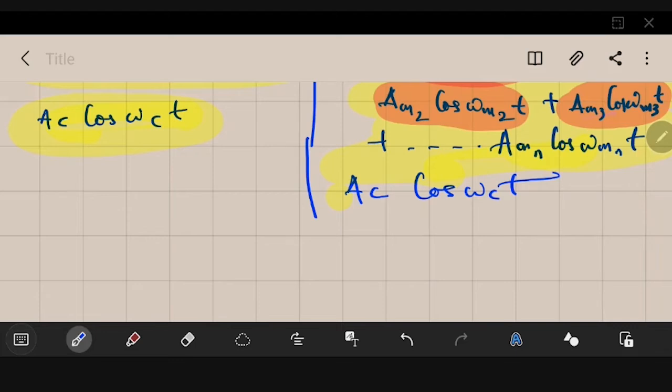Let me write the definition of multiple tone amplitude modulation first. You could note it down, and then we will discuss it.